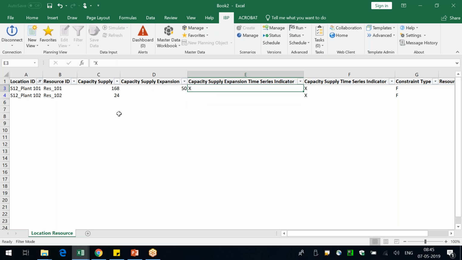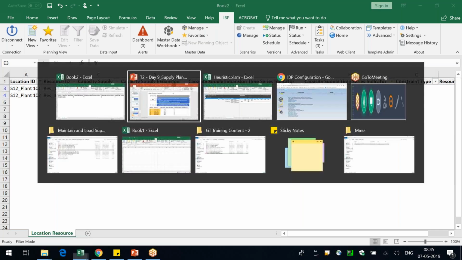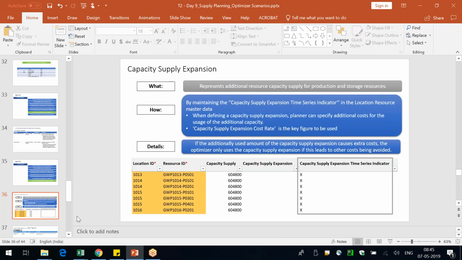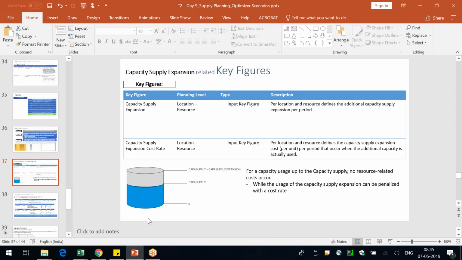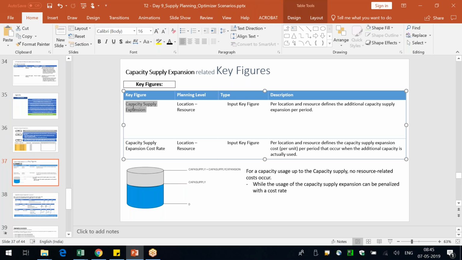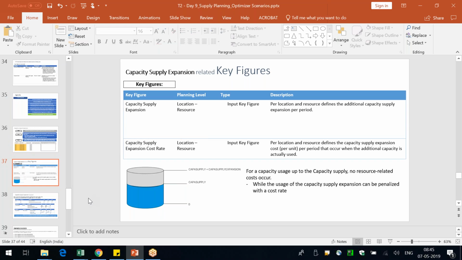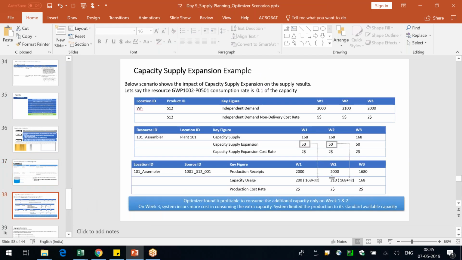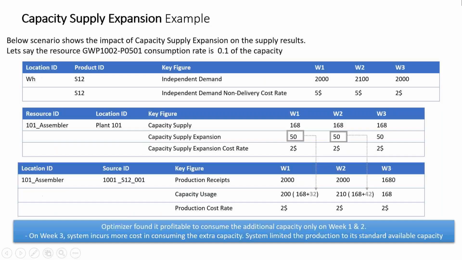There you can maintain for one time bucket 50 hours, another week only 40 hours, and so on. So two key figures are involved: the capacity expansion, which is the extra capacity you can do, and the cost rate that you incur. If you do extra capacity, obviously you incur some cost, right? I think there is an example that I've maintained in here.